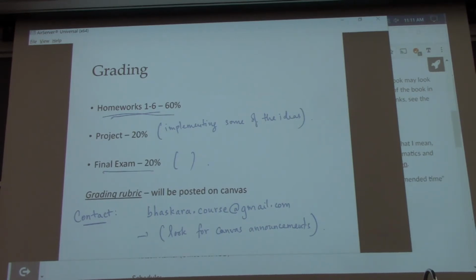Is there any limitation of languages when we do the homework? For homeworks, you'll just need LaTeX. But only for the project will you be doing implementation. For that, I will give out some limitations if they apply. Usually you will not have any. The way the project will work is that there will be about 10 projects to choose from. Each will be some kind of an implementation of a bunch of ideas and comparing them.